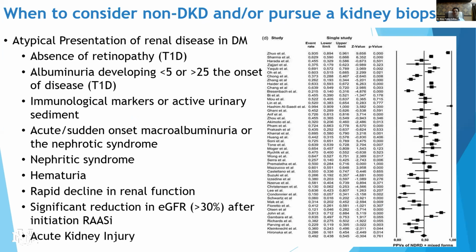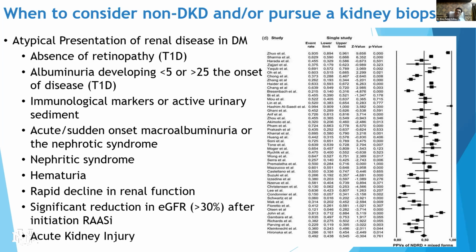Albuminuria developing less than 5 years or more than 25 years from the onset of disease, immunological markers or active urinary sediment, acute or sudden onset macroalbuminuria or nephrotic syndrome, hematuria, rapid decline in renal function, significant reduction in GFR after initiation of RAS blockade, and acute kidney injury.